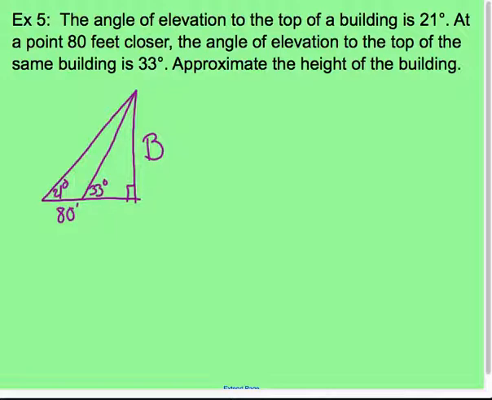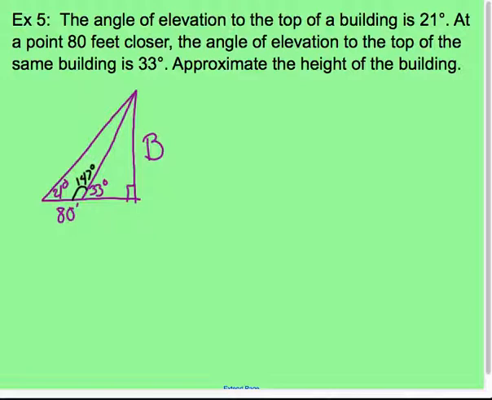Approximate the height of the building. So this one is a two-step problem. When I look at this, the first thing that I notice is I can find the measure of this angle by using linear pairs. Remember, linear pairs are supplementary. So I'm going to subtract 33 from 180, and that gives me 147 degrees.